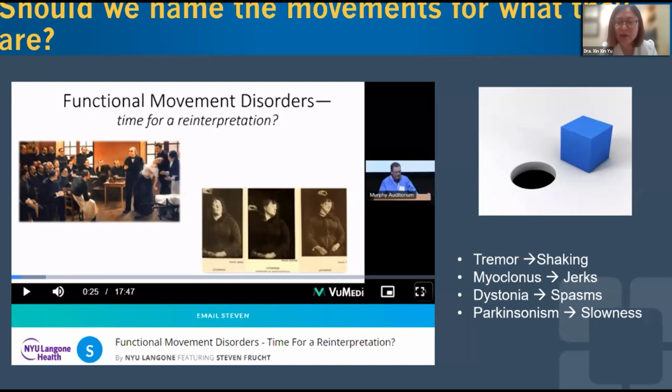So he proposed that we may consider using patients' own description of their symptoms and simply call the movement what it is: shaking instead of tremor, jerks instead of myoclonus, spasm instead of dystonia, and slowness instead of Parkinsonism. So what do you think? And I will leave this as food for thought.